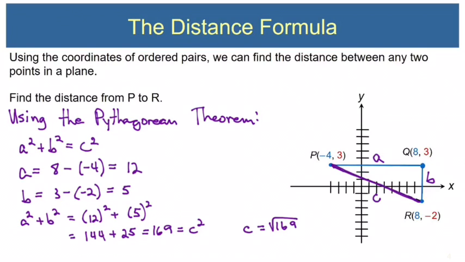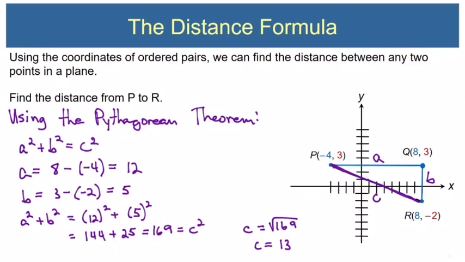But when we're dealing with the coordinate system, we typically ignore the plus minus because we're talking about a distance, and distance is by definition positive. It's not possible for distance to be negative because, well, distance is an absolute value. It only indicates how far, not which direction. So we only consider the positive version. And so C is 13.